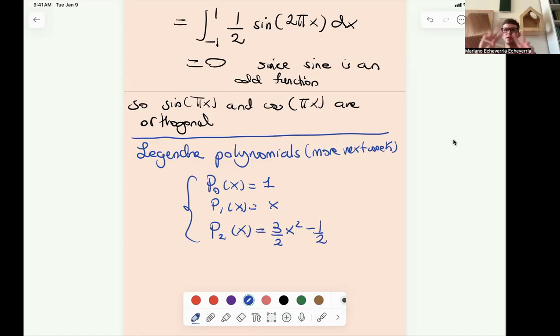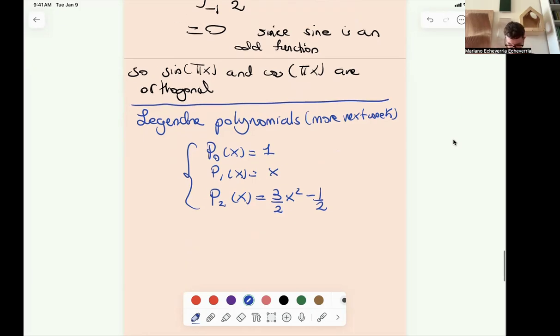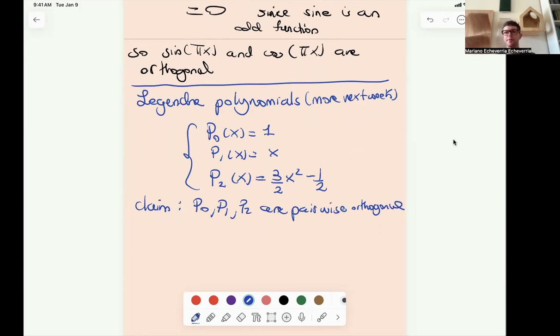If you take two at a time, they're orthogonal to one another. So here's the claim: P0, P1, and P2 are pairwise orthogonal. What does it mean to say that they're pairwise orthogonal?